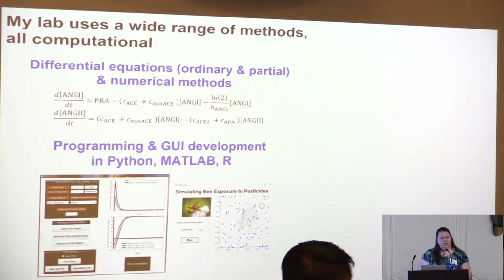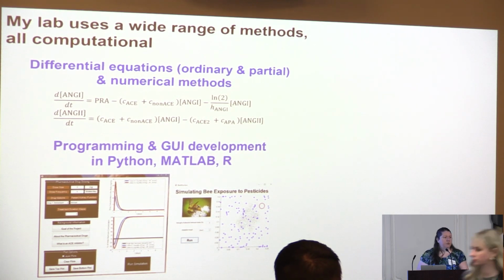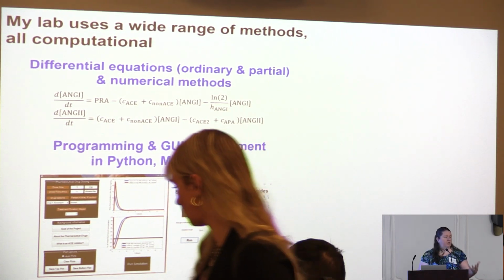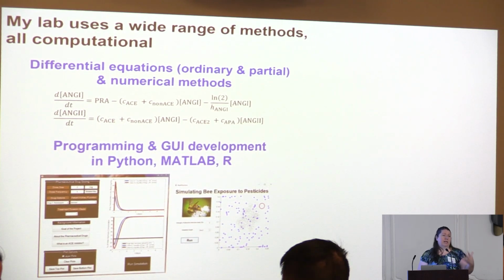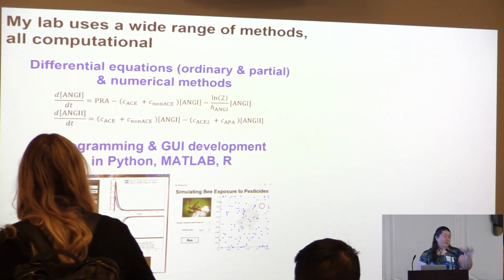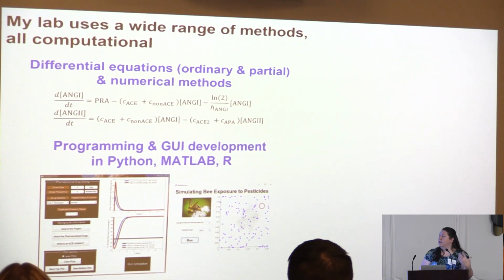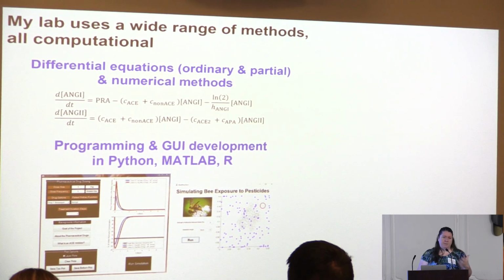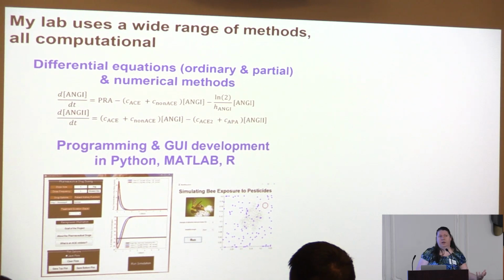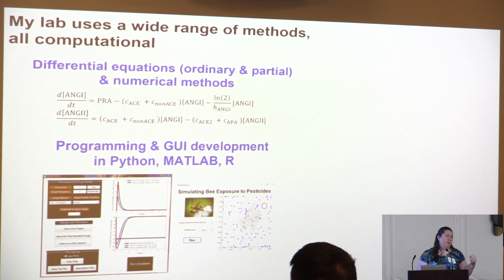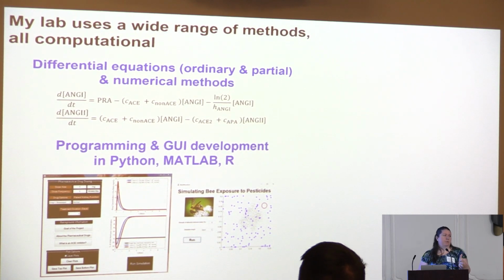We did a lot with programming and making user interfaces, particularly for either educational purposes or for collaborators to not have to know the code, but to be able to run a simulation and see some sort of output from that. More recently, we've been moving into R and making scripts and things that are useful for our collaborators to be able to extract something from their data, but then get it into a form that we need to be able to run our models from.